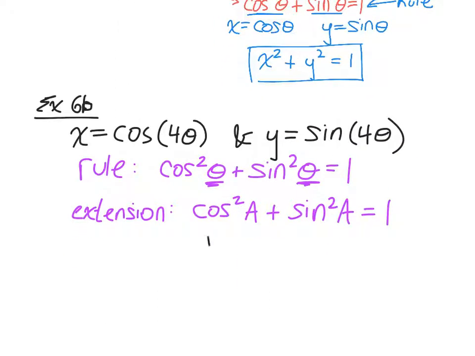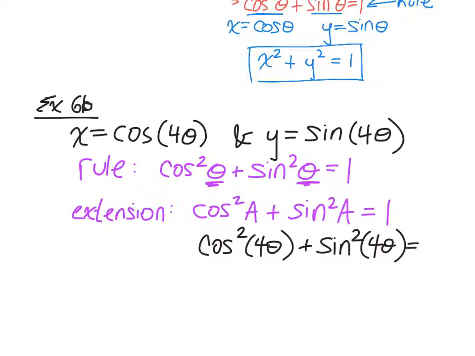So I can make the statement that cosine squared 4 theta plus sine squared 4 theta must also be equal to 1. And since we know that cosine of 4 theta is x, this would be x squared, this would be y squared, also equals 1.